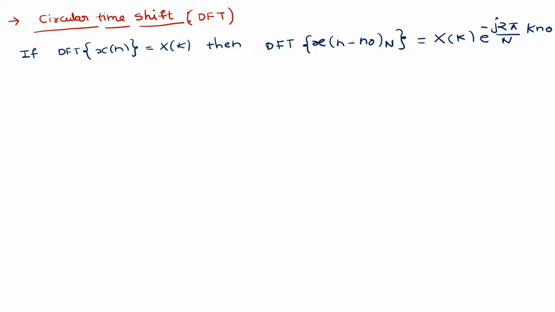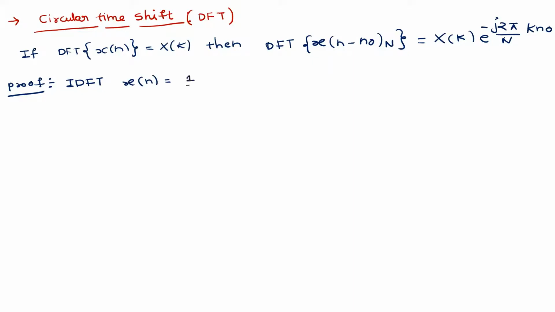So for that, as we need to prove the DFT of x of n minus n naught for the circular shifting property, we will take initially the IDFT.